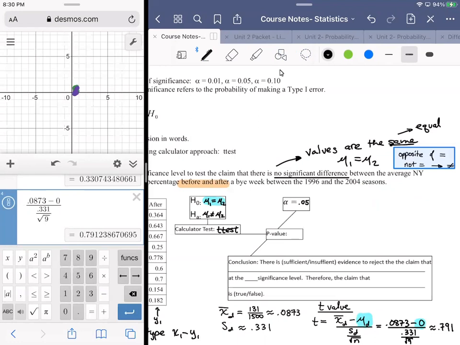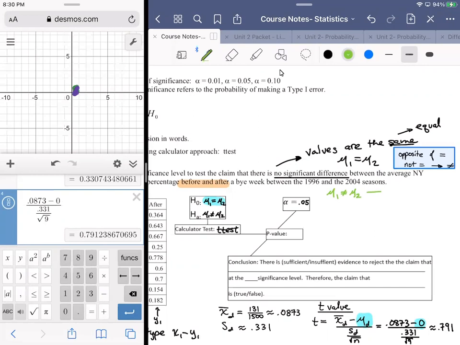So we have our t value of 0.791. We want to determine what that corresponds to in terms of a probability. All right. So we have a not equal symbol, and I'll just make a little note of that here. Mu1 not equal to mu2. That's our alternative.